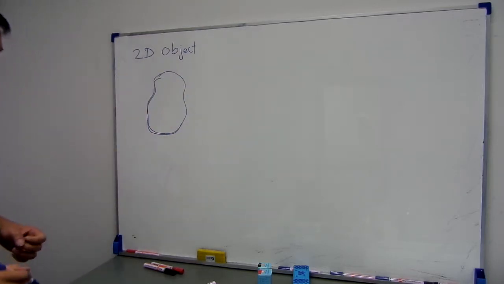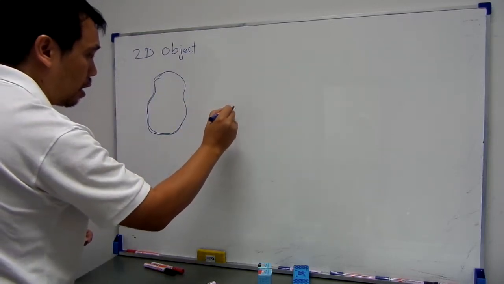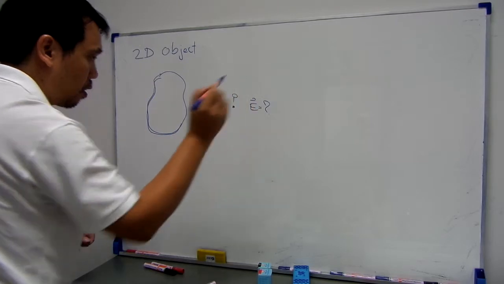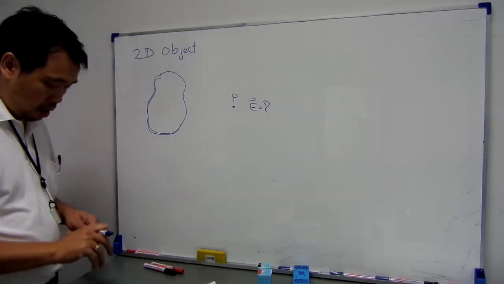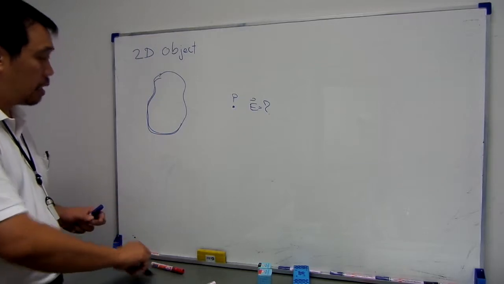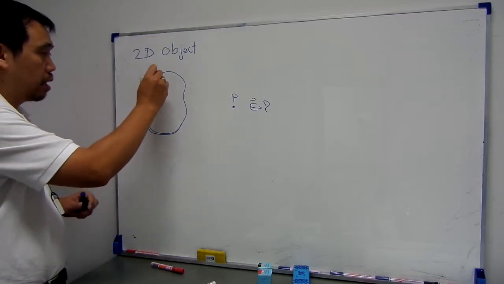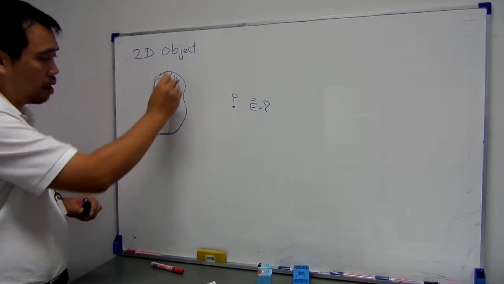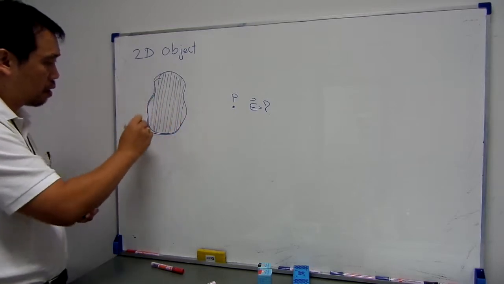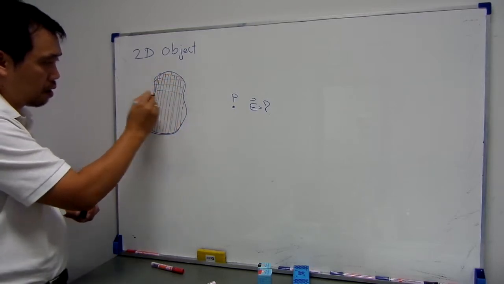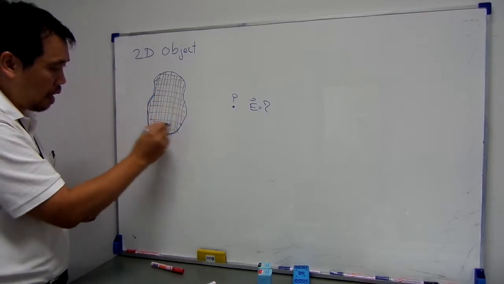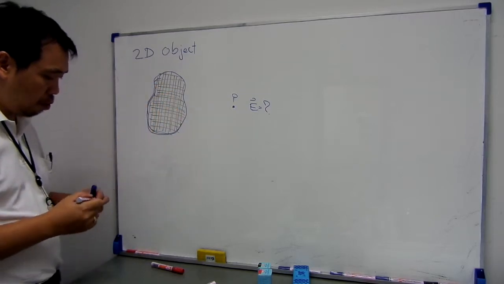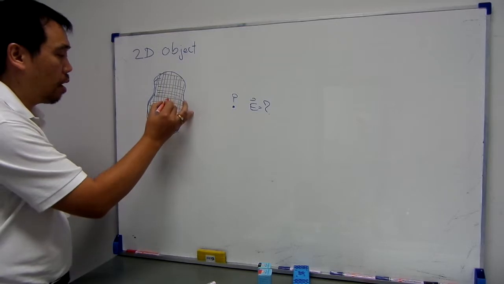If you want to calculate the electric field at point P, the way to do this calculation is that you divide this object into small pieces, and each piece is small enough to assume that it is a point charge.